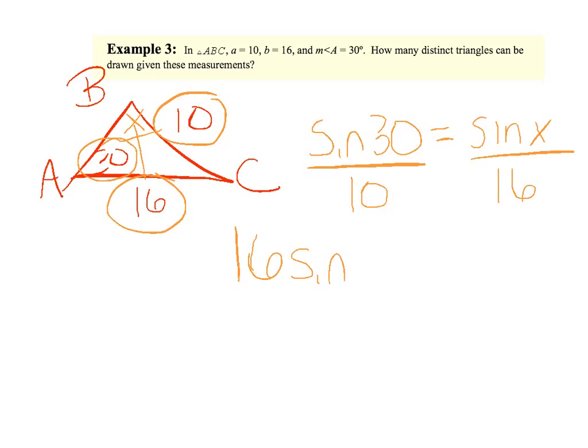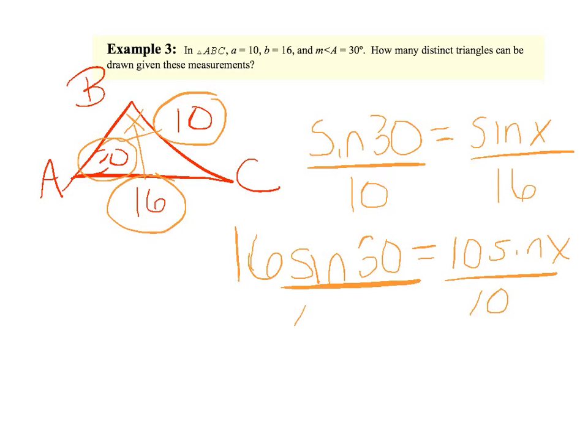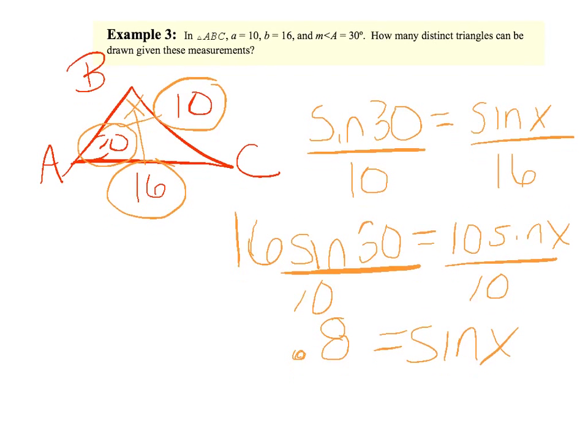16 sine of 30 equals 10 sine of x. I'm going to divide both sides by 10. Grab your calculator, type that in. I get 0.8. Typically these are pretty nasty numbers, so get used to storing.